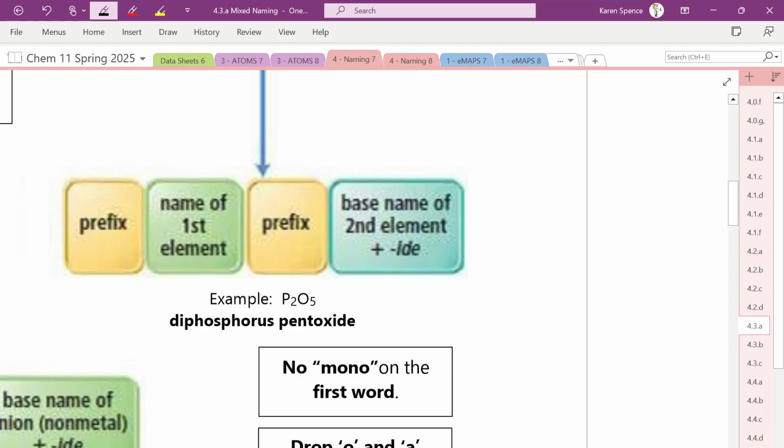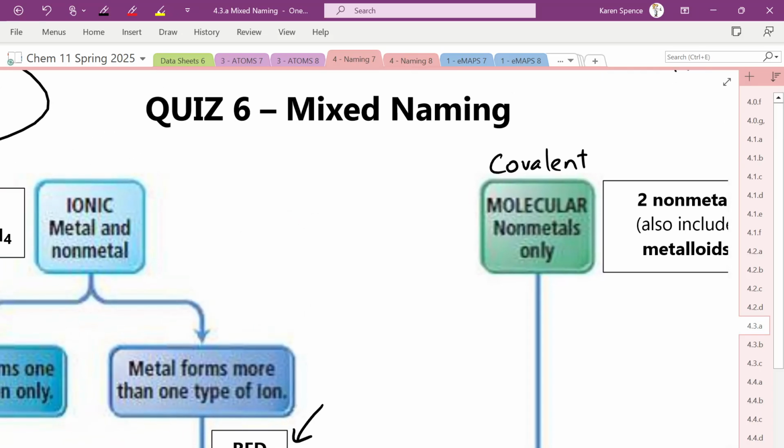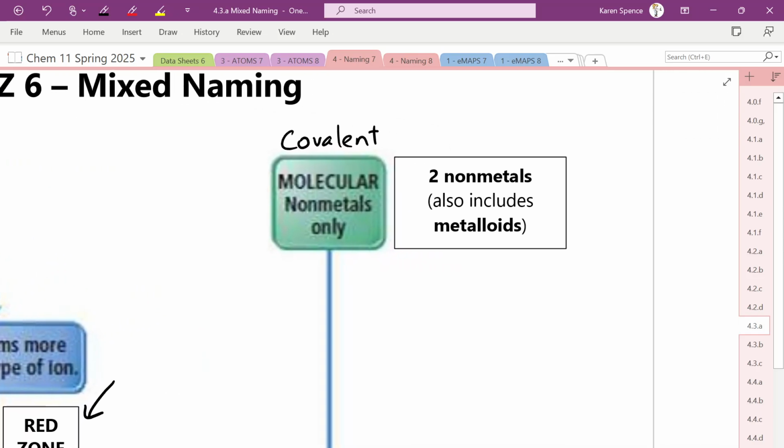So in quiz 6 you will have some ionic that need Roman numerals, some ionic that don't need Roman numerals. You will also have some covalent compounds, then you will need to use the prefixes, all right? So how do we know if it is covalent? Well, it is made of two nonmetals, all right?